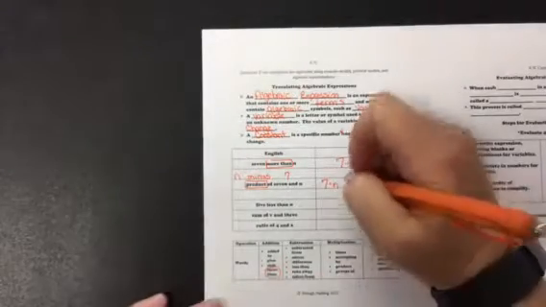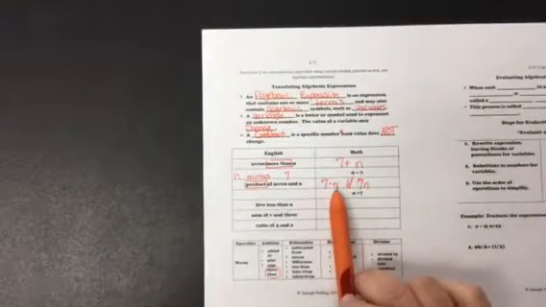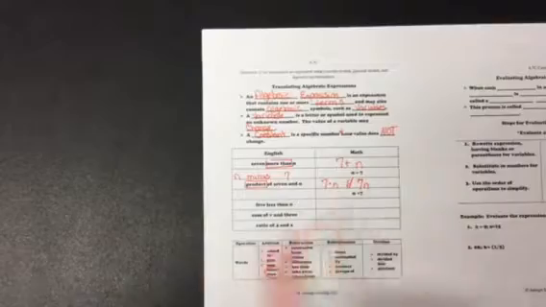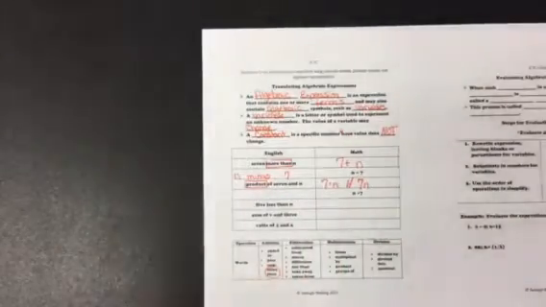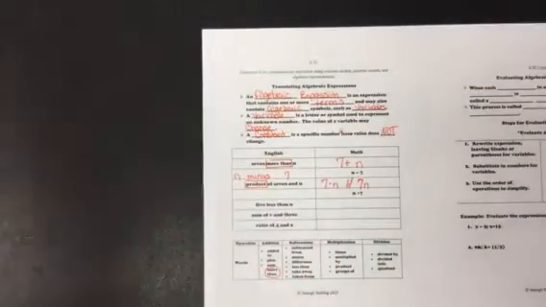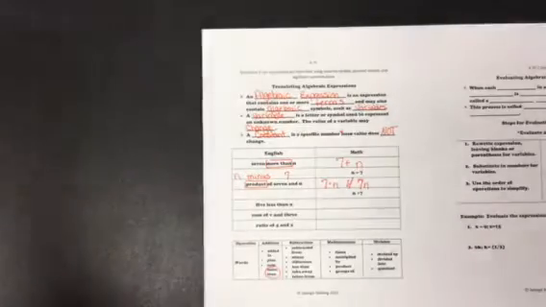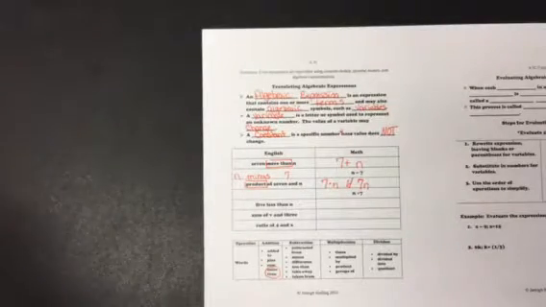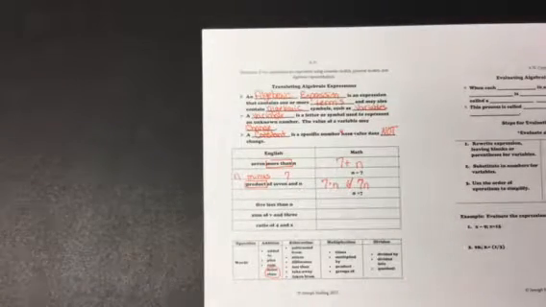I can write it as 7 times n, or I can write it 7n. It doesn't tell me what I'm doing there. What does it mean when two things are back to back like that? Multiply. Means multiplication.